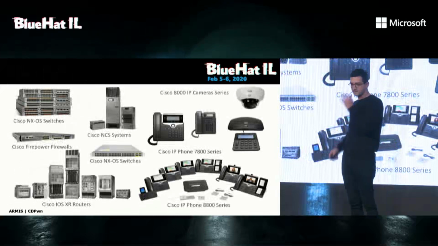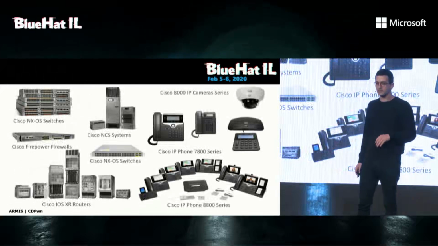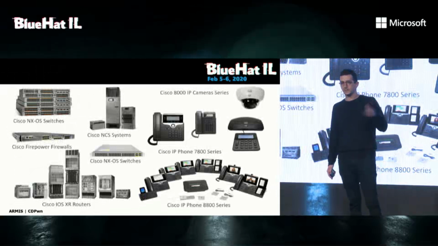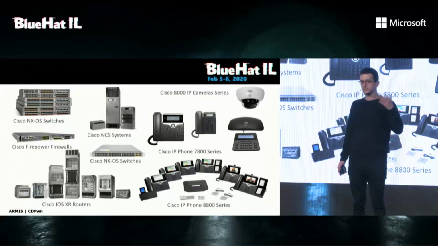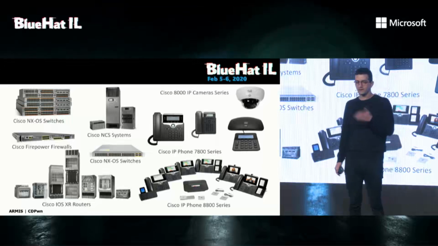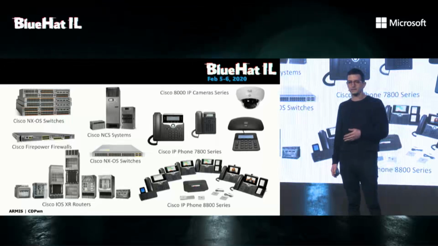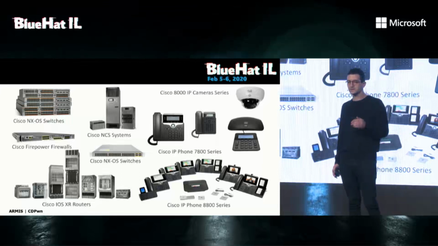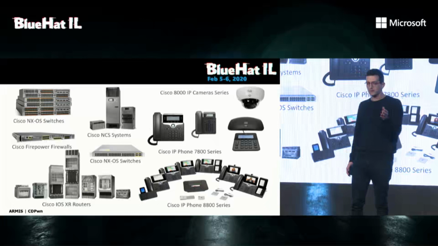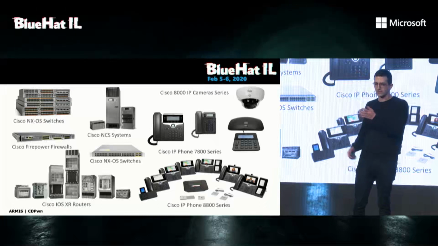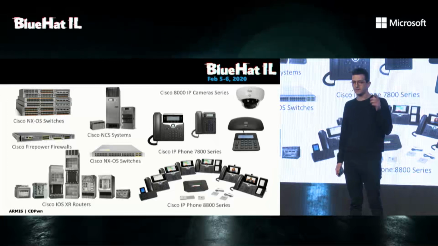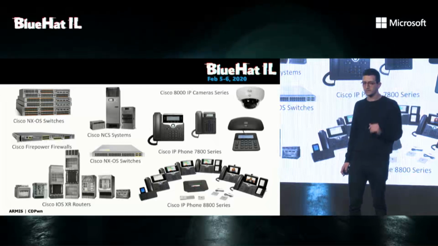And it's this huge group of devices that is affected, from Nexus switches, which are the newest Cisco switches in the market, and Cisco IOS XR routers, certain Firepower firewalls from Cisco, the entire range of new, current Cisco IP phones, and certain IP cameras from Cisco as well, the Cisco Video Surveillance IP cameras.